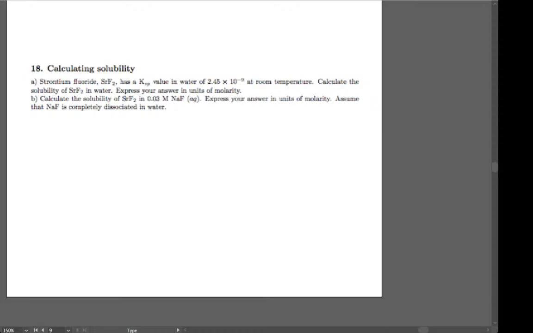First thing, Ksp would equal the concentration of Sr2 plus and the concentration of F minus squared, which would equal 2.45 times 10 to the power of negative 9. Good.